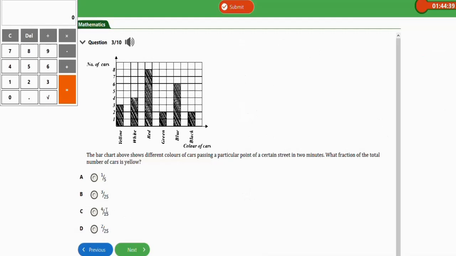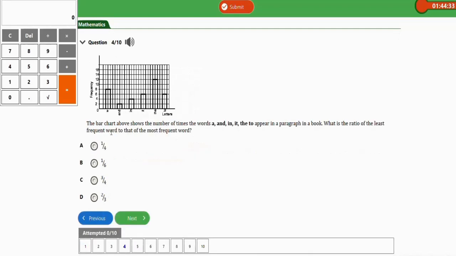The next repeated question we are going to solve is this question. It says the bar chart above shows the number of times the words a, and, in, it, day, to appear in a paragraph in a book. What's the ratio of the least frequent word to that of the most frequent word? Looking at this bar chart, the least frequent word is this one, the word 'and'.